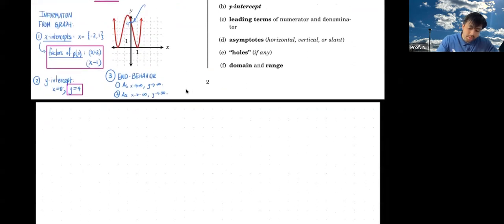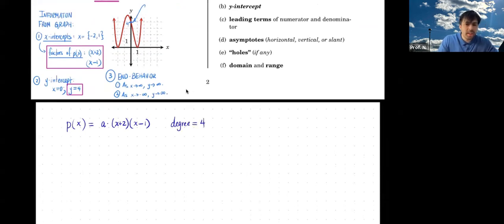So then what do we know about p of x? P of x has this form. We have a leading coefficient, not sure what it is yet. We call it A. We have an x plus 2, and we have an x minus 1. One thing that we haven't touched upon yet is that the degree has to equal 4.